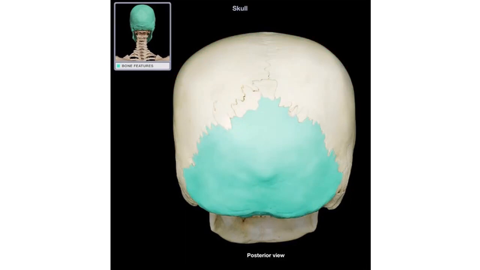Now, inferior to the two parietals, looking from the back, the most posterior bone of the cranium is the occipital bone.